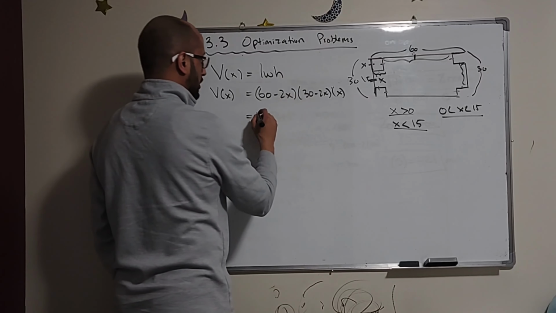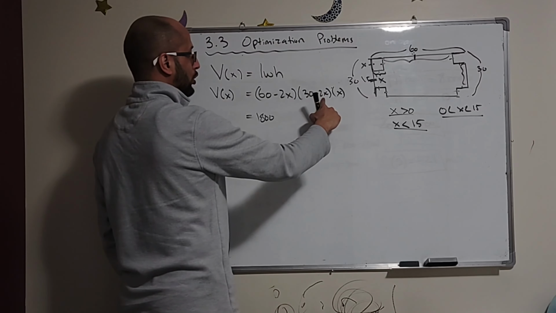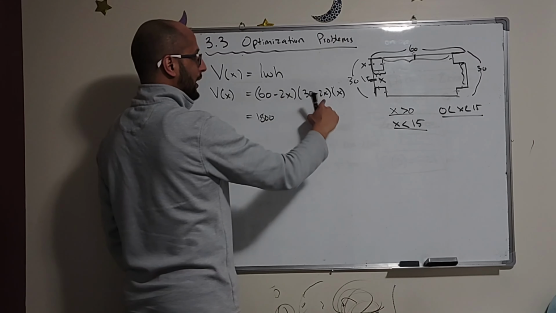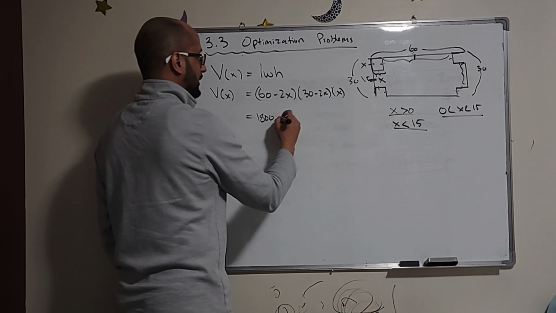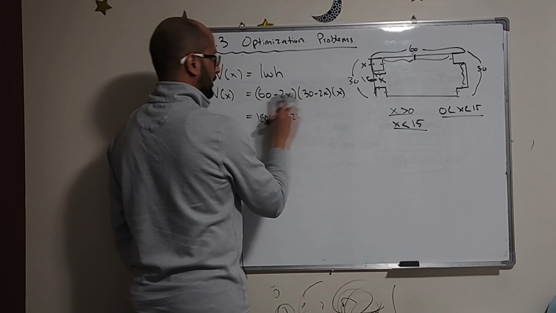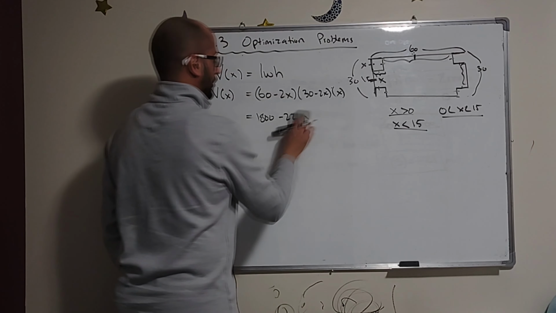So 60 times 30 will be 1800. 60 times 2 is 120, and 2 times 30 is 60. Okay, I'm confusing this.